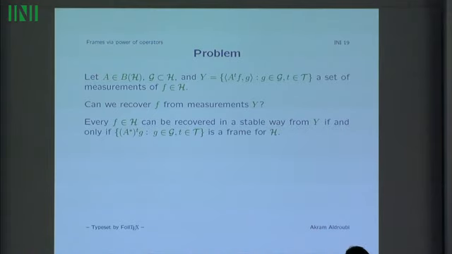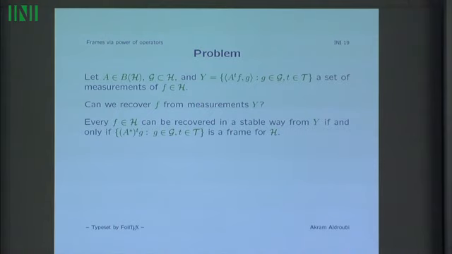That's just by putting it on this side, we get A star to the power T G, and basically this is equivalent to saying that we want this system, A star to the power T G, where G runs through here, T runs through here, to be a frame.